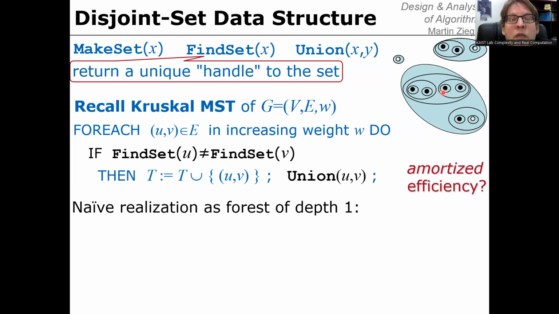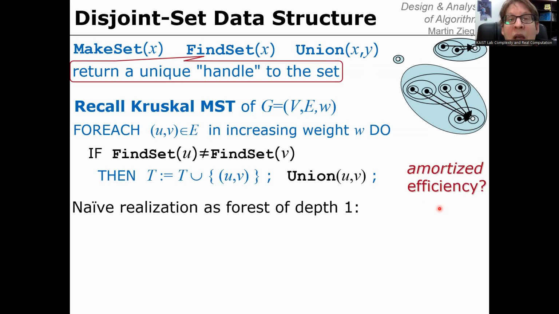If it's a leaf, then we follow the pointer back to the root, one pointer, constant time, and thus we can find the root, the unique handle, in constant time. So this is what you see here. All these pointers from the leaves to the single root of this set, and thus we can realize find set in constant time simply by following this single pointer. That's a constant time operation.